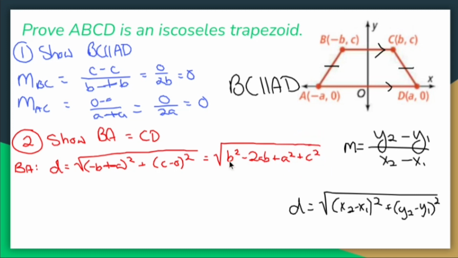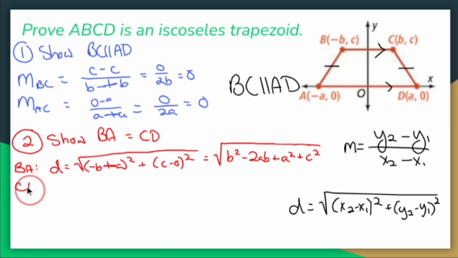If you're like, whoa, whoa, whoa, what did he just do there? Perfect square trinomials. I'm not going to go any further than that because I know that when I do CD, it's going to end up looking like the same exact thing underneath the square root. So what's the point of trying to clean it up? What's the point of trying to combine terms and simplify it? You probably can anyway.